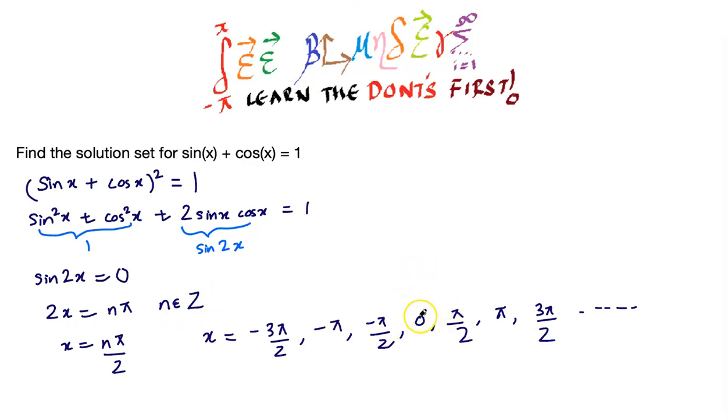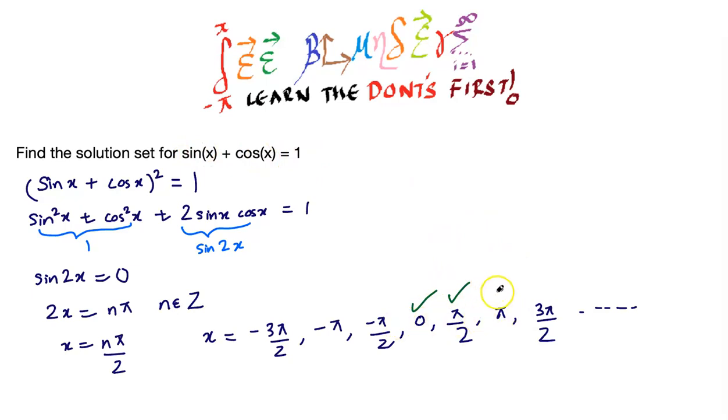So x equals 0. Sin 0 plus cos 0. Sin 0 is 0, cos 0 is 1. So 0 plus 1 is 1. Yes. Sin pi by 2 plus cos pi by 2. Sin pi by 2 is 1, cos pi by 2 is 0. So 1 plus 0 equals 1.